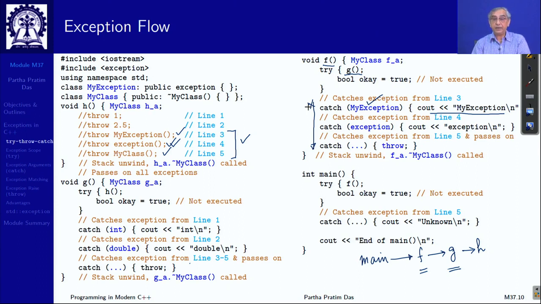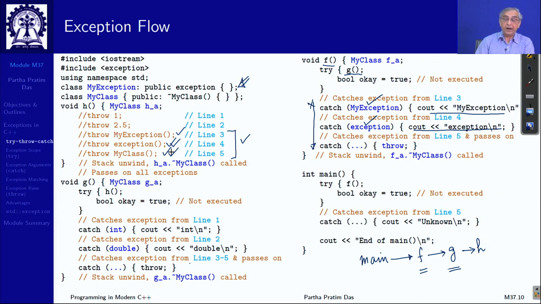Why does it not match? Because to match exception object to my exception object, I need a downcast. Mind here, this is the easier specialization. So, I need a downcast. A downcast is not permitted. So, it will not match here, but it will match at this point, and this handling will be done.